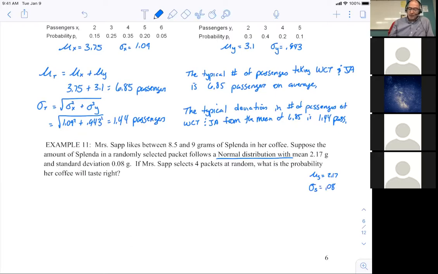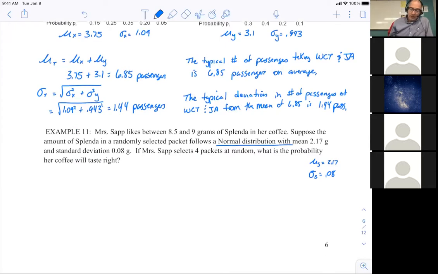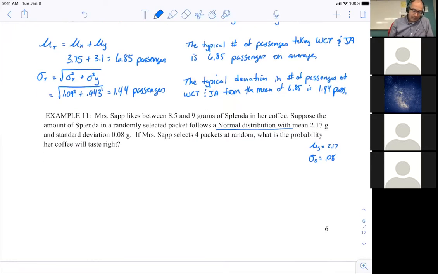If Mrs. Sapp selects 4 packets at random, what is the probability that her coffee will taste right? Well, Mrs. Sapp likes between 8.5 and 9 grams of Splenda.